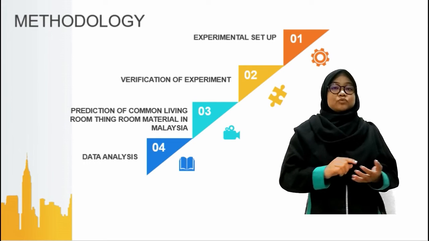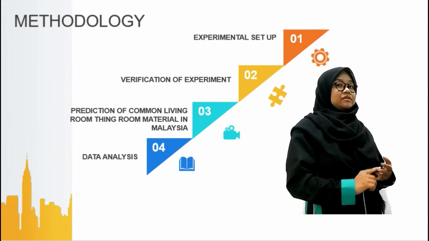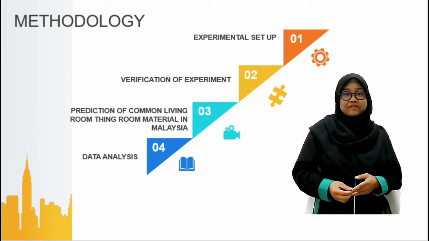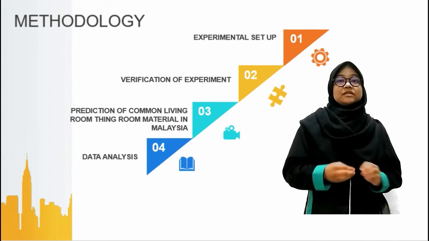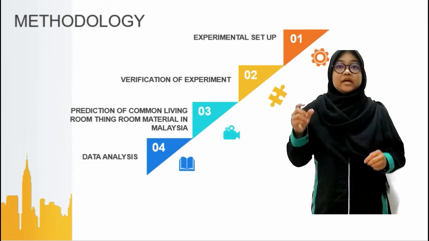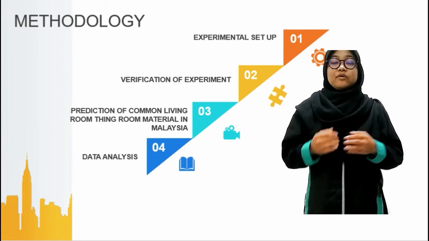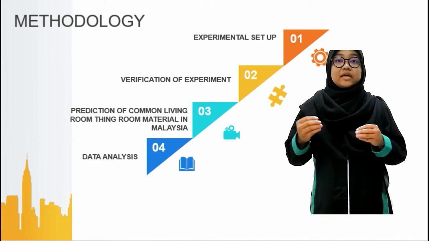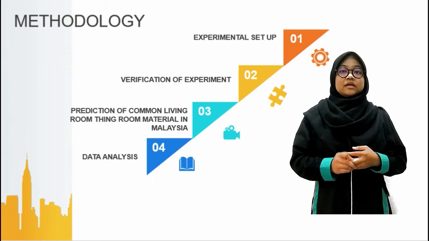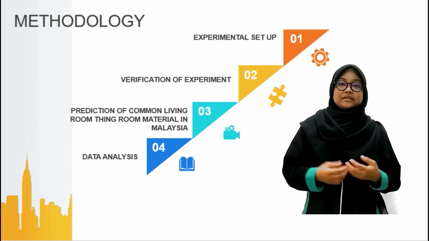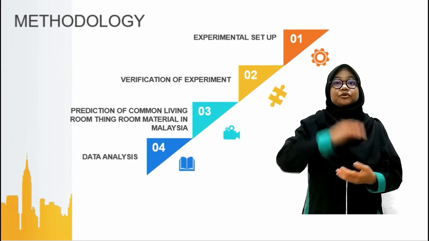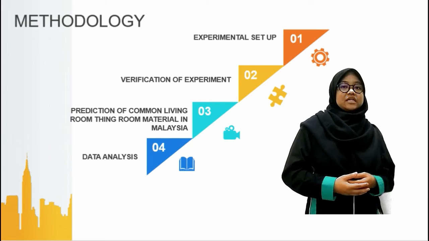Phase 1 of the experiment will be the verification of the experiment itself, because I used the candle as the initial source. I need to verify whether the candle can be used and is valid for the project or not, because we are lacking apparatus, and due to some limitations, we have to introduce new ways of doing the experiment.